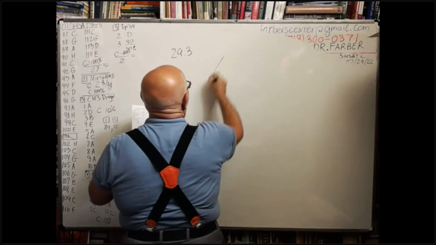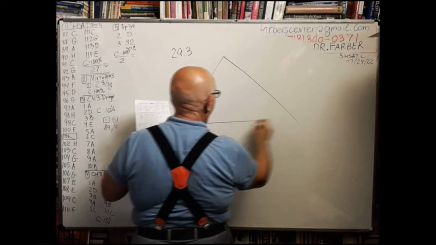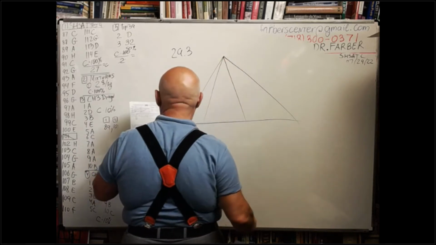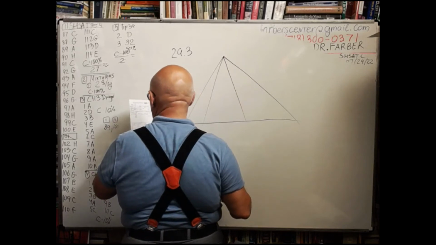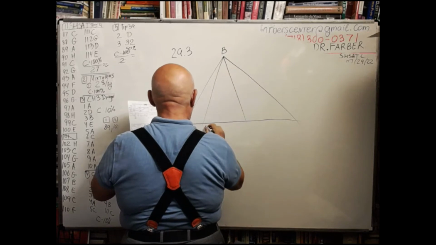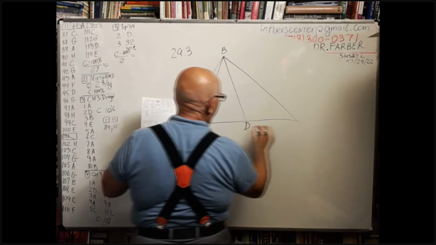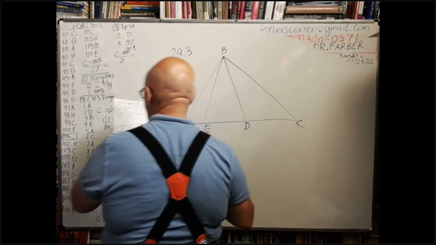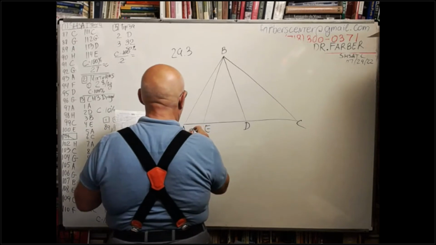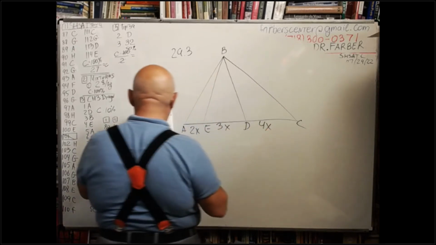Look at this, make a picture, kind of like this, not to scale. This is B, this is E, this A, D, and C. And they give you a ratio 2, 3 to 4. This is 2x, 3x, 4x.